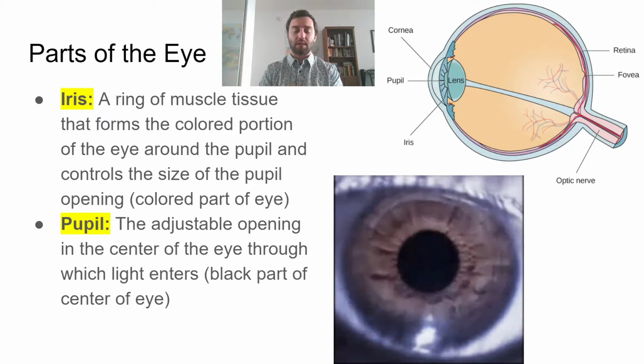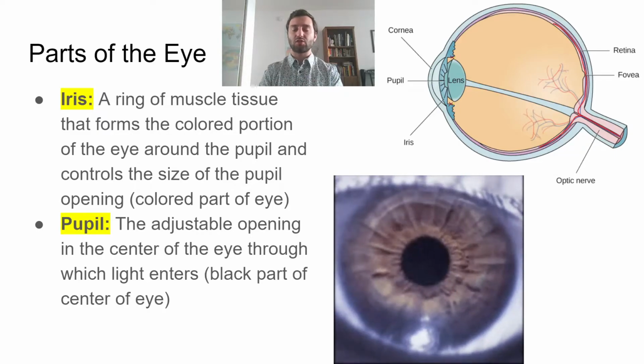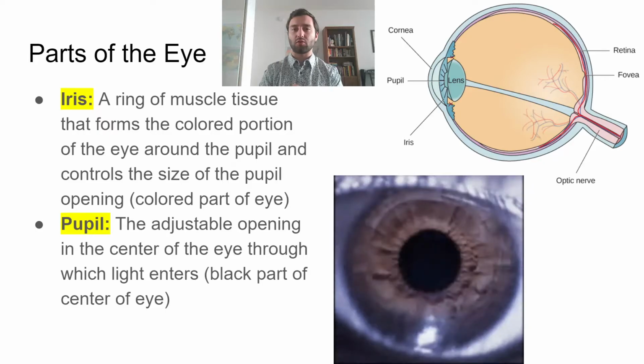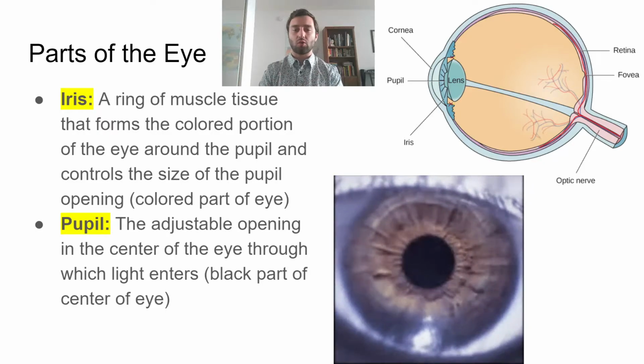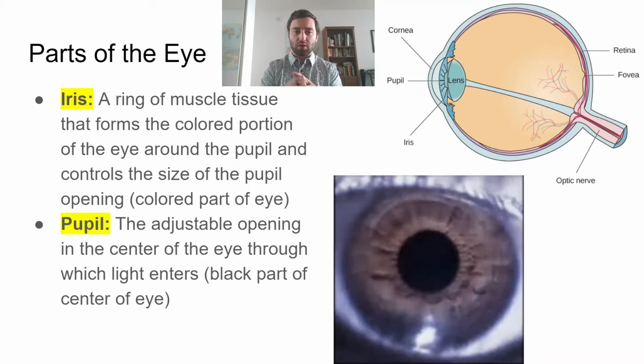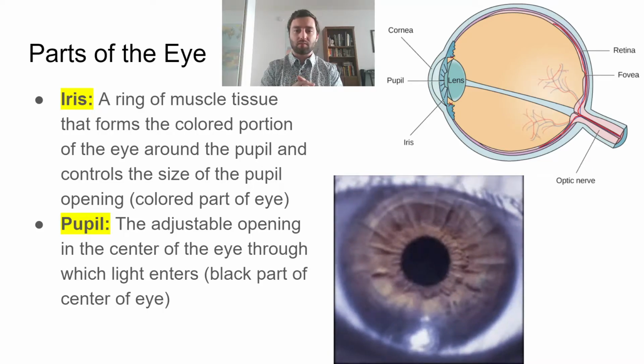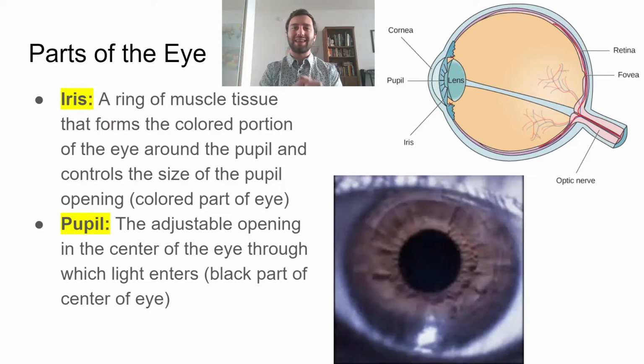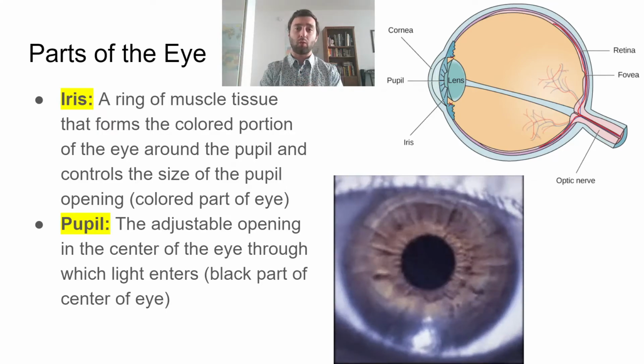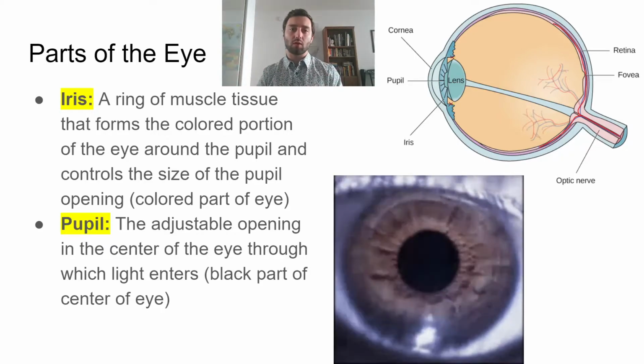What that's doing is controlling the amount of light that goes in the eye. So when it's really bright, we're going to see that iris contract and our pupil is going to get small. What it's doing is letting in less energy. When it's dark, it's going to expand, and it's going to allow more energy in.